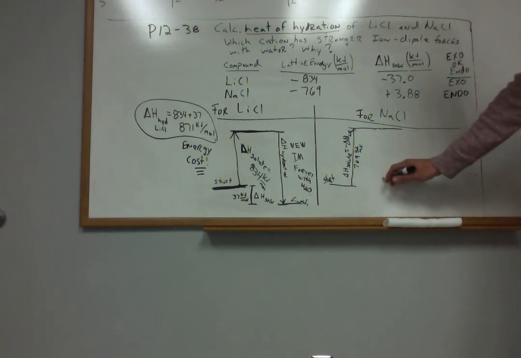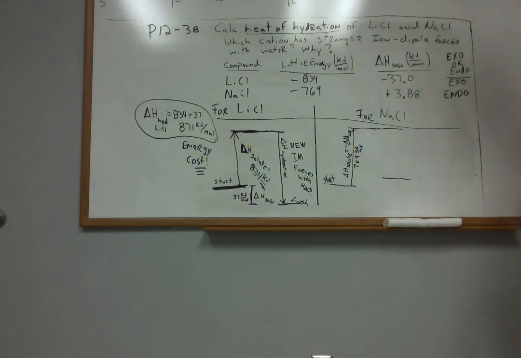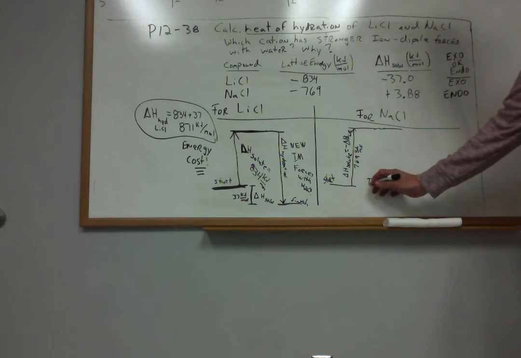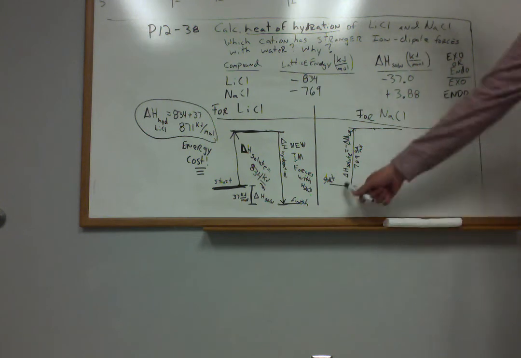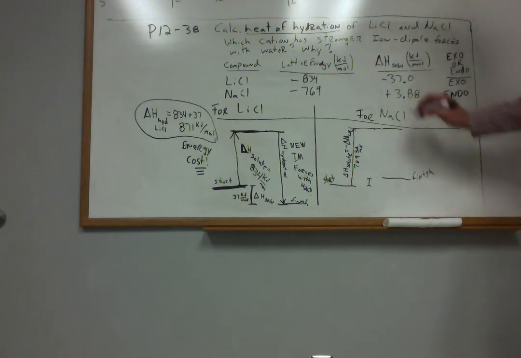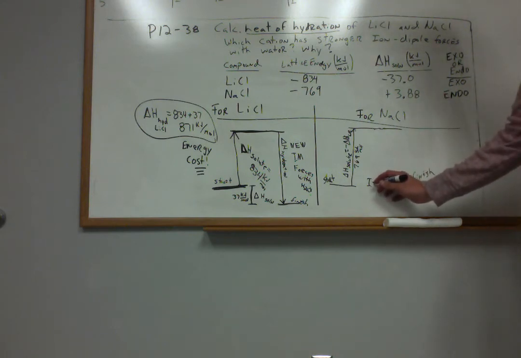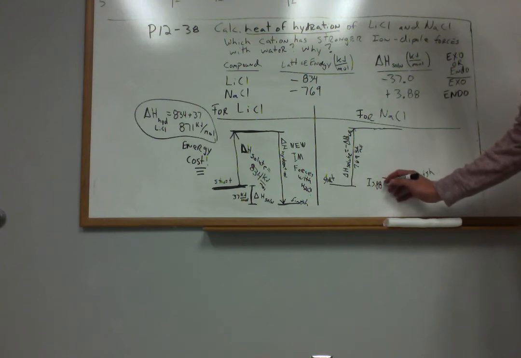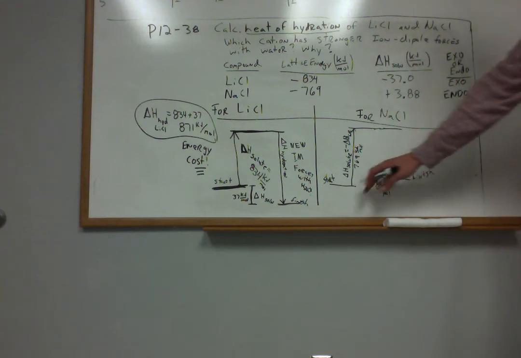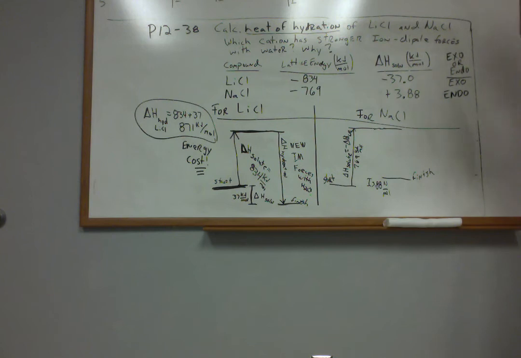So that tells me that I can draw my line right about here. This gap between where we start and where we finish is equivalent to 3.88 kilojoules per mole. This is a little bit higher than that, which is typical of an endothermic process.